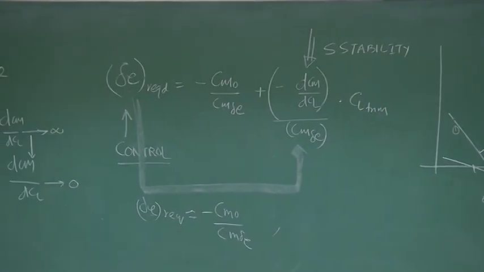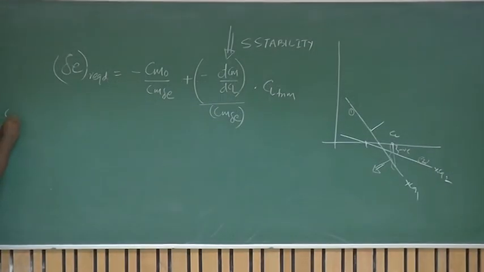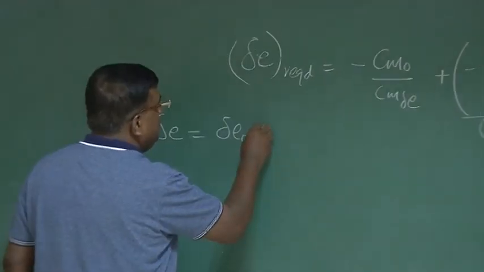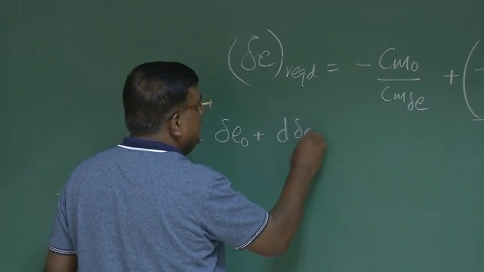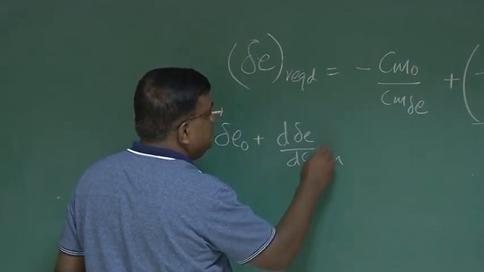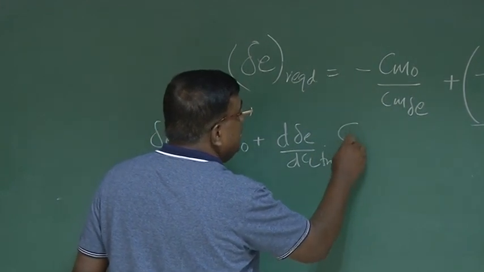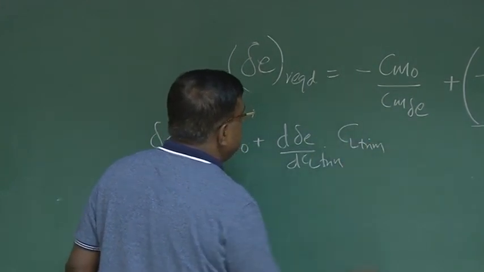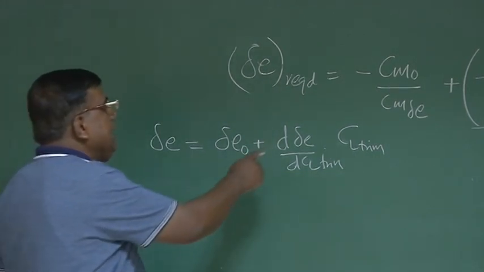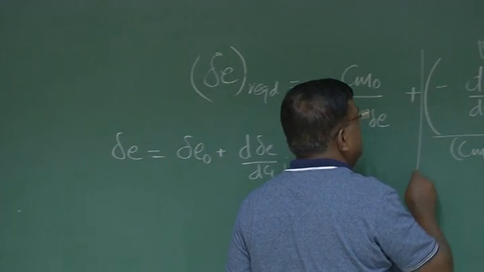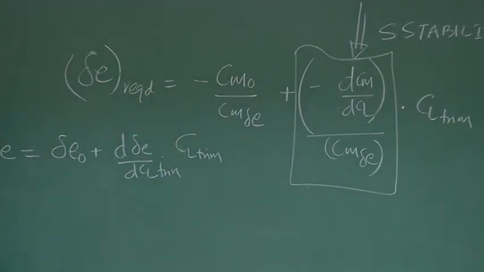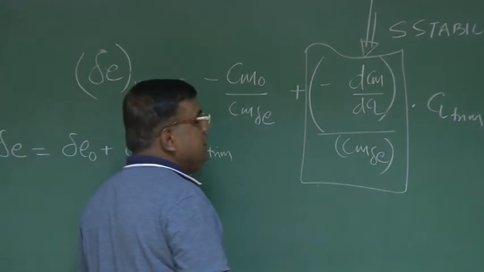Is it clear? Now in the textbook you will find this represented as delta E naught plus d delta E by dCL trim into CL trim. So you could easily see that d delta E by dCL trim is nothing but this term. Before I go on, let us see the signs.